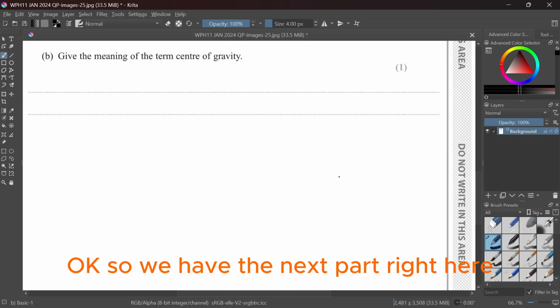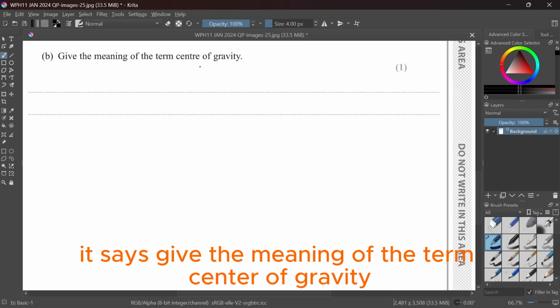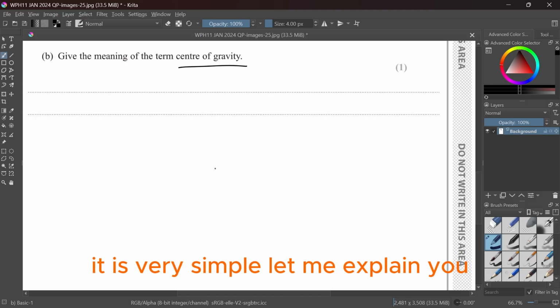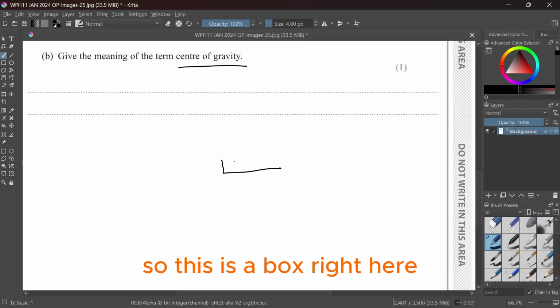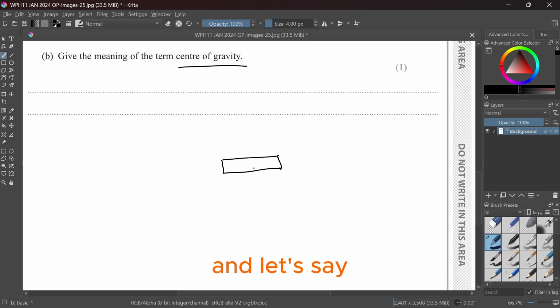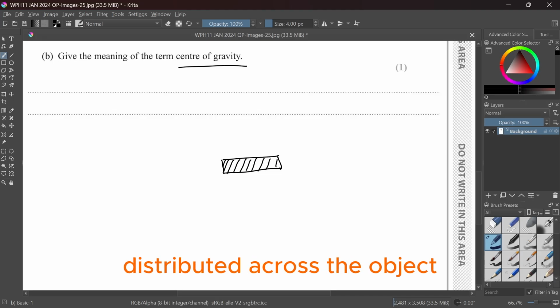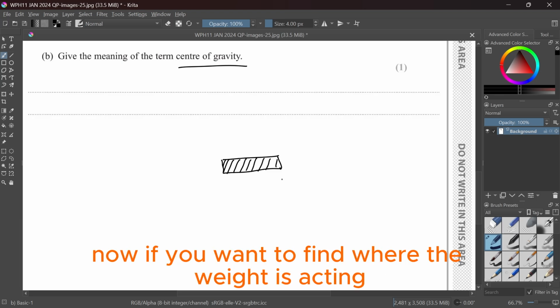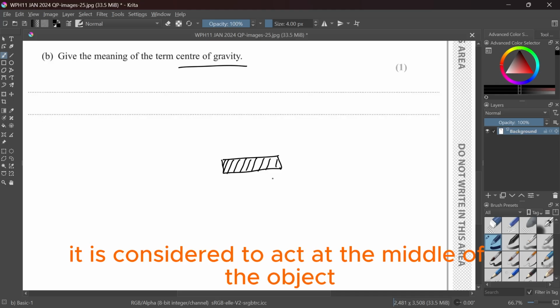Okay, so we have the next part right here. It says give the meaning of the term center of gravity. It is very simple. Let me explain you. So this is a box right here, and let's say the mass is basically distributed across the object. Now, if you want to find where the weight is acting, normally it is considered to act at the middle of the object, right?